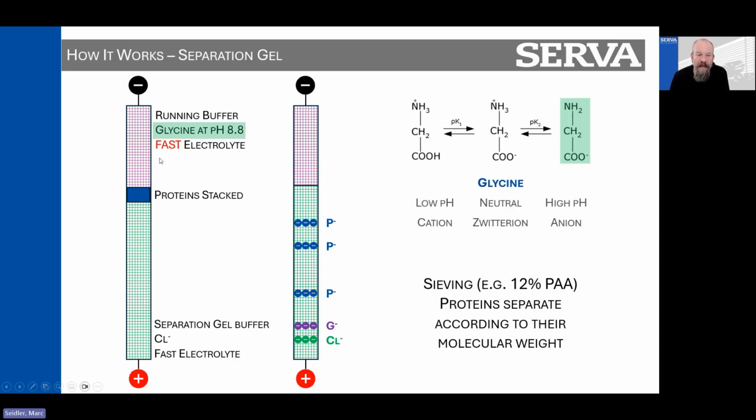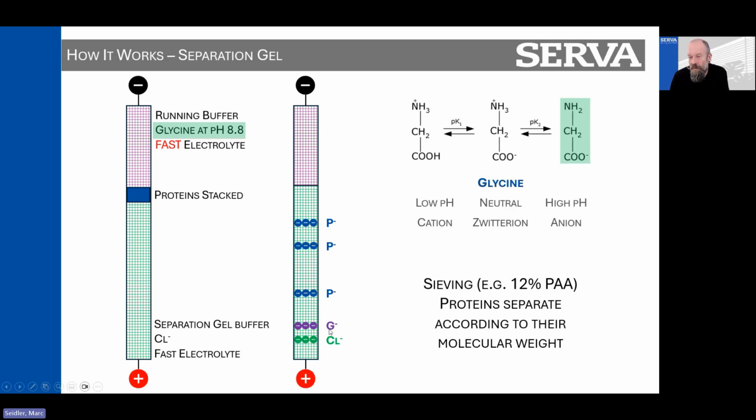So it is now a fast electrolyte. So the proteins that are stacked will enter, the glycine will switch to a fast electrolyte and will run as fast as the fast electrolyte chloride of the separation gel buffer in front of the proteins.